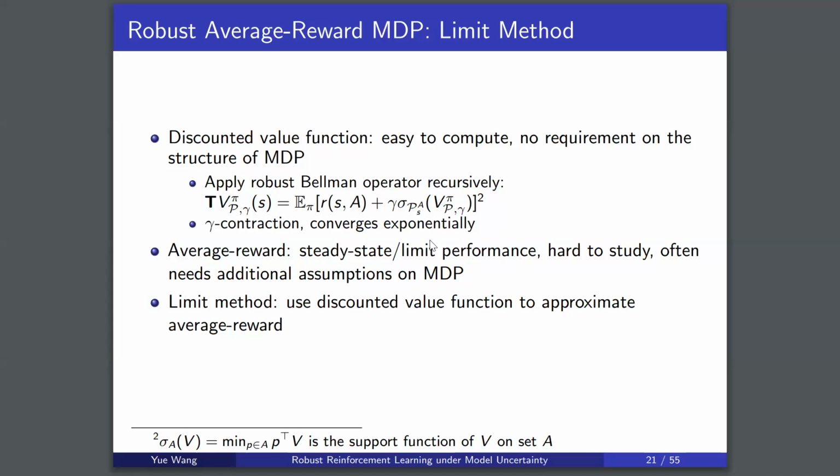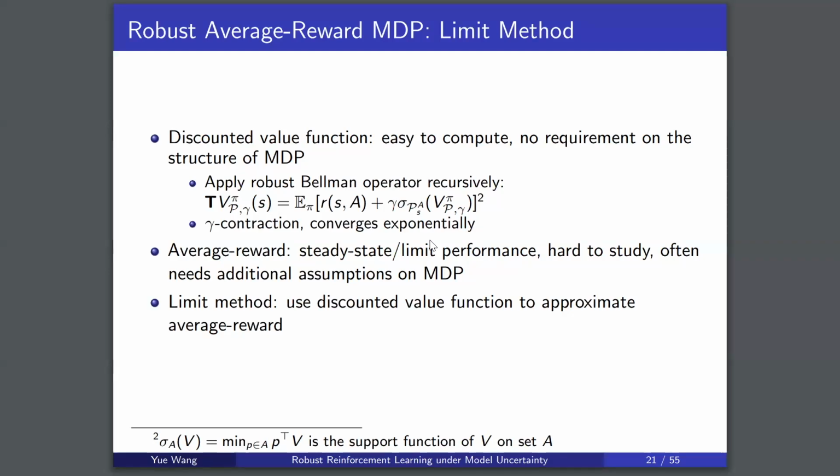Doesn't that take us back to the discounted reward approach? Yes, that's basically the idea of this limit method. We are using the discounted value function to approximate the average reward. So the limit method is based on the discounted one to solve the average reward one.